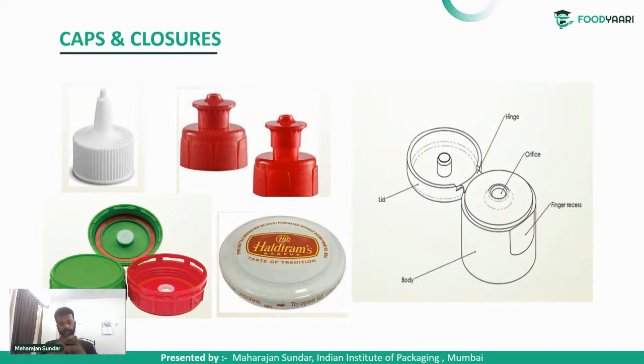The three types are mechanical breakaway, tear band, and vacuum closures. Tamper evident vacuum lugs, which is used for closing glass bottles, especially jams. Jams coming in glass bottles will have vacuum closures.